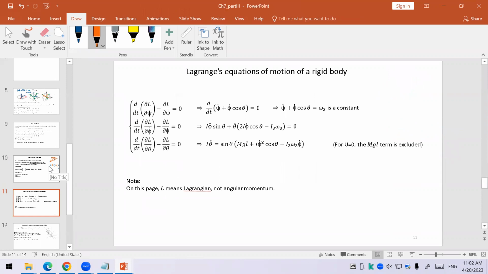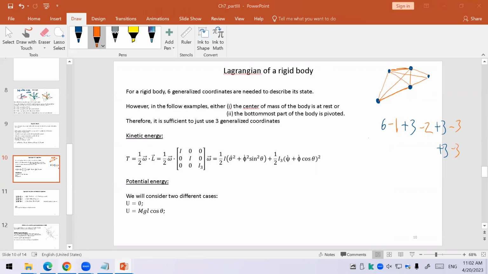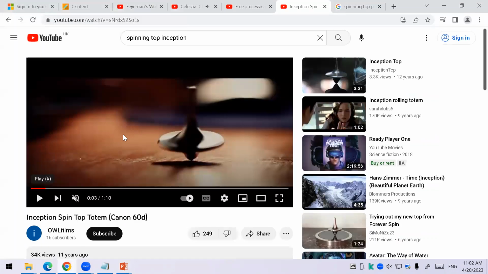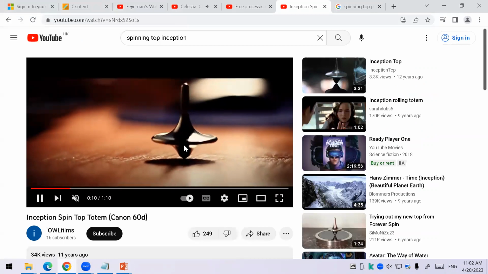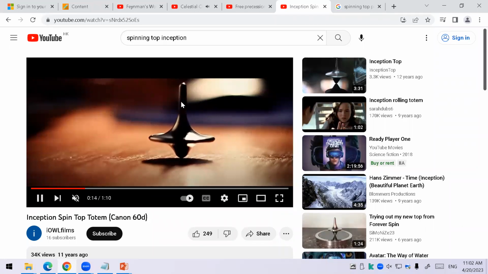Okay, so let me show you the problem that I want to show you. Is this a symmetric top? The spinning top. So the whole thing is spinning, but again, you can see this wobbling motion.